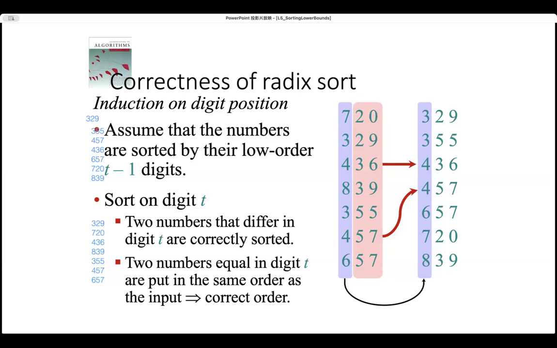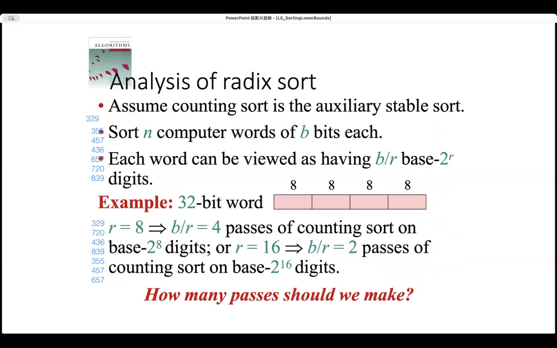So we need to analyze the complexity of radix sort. As I said earlier, we usually assume counting sort is used as the auxiliary stable sort algorithm for radix sort. The issue with counting sort is that you don't necessarily have a good bound for K, right?